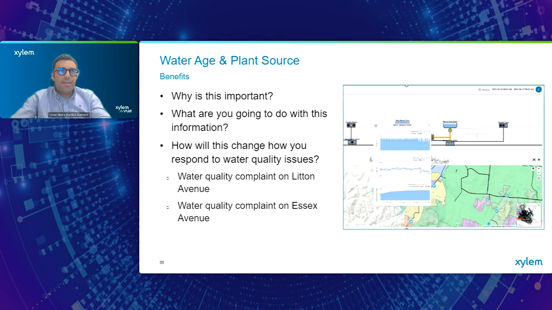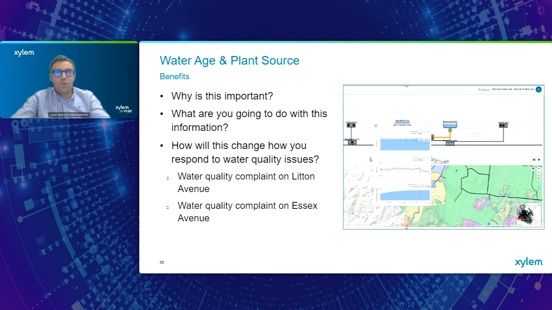So why is this kind of analysis important, and what can we do with this information? Imagine that at some point we get a customer complaint from both streets. They're just separated, as you saw, by one block. So imagine that we get a customer complaint from Lytton and another one from Essex.